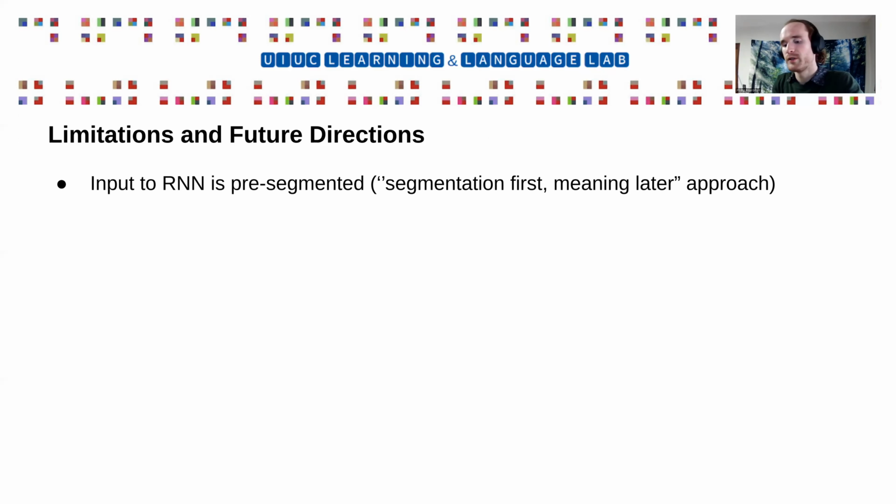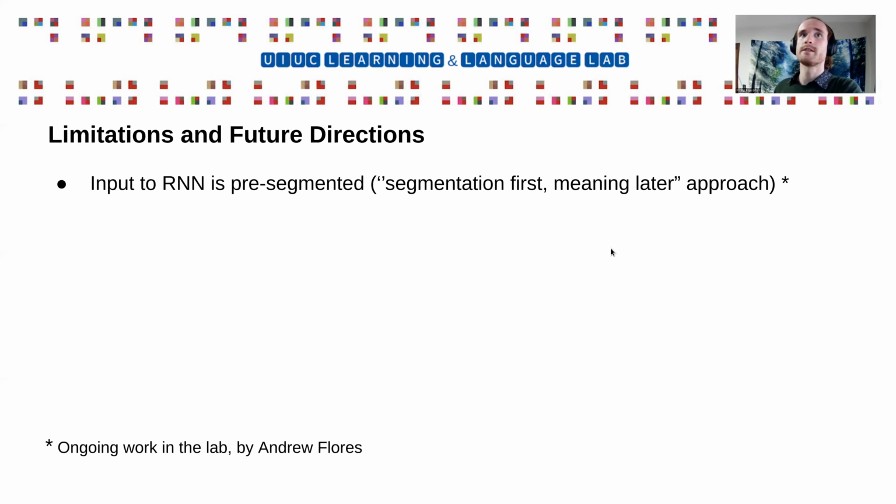So it'll be interesting to build a model that doesn't just segment first and then learn meaning later, but does this simultaneously, and presumably through that interaction, you might even get better results or exponentially worse results. This is extremely difficult to do, and this is ongoing work in the speech recognition and language learning literature.